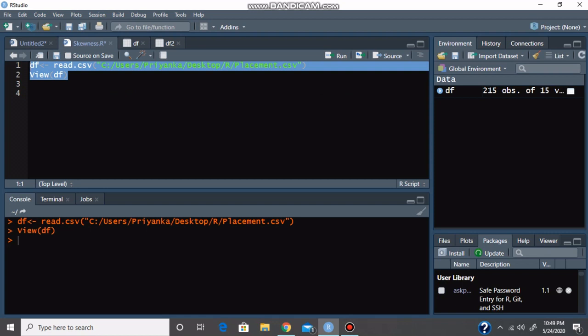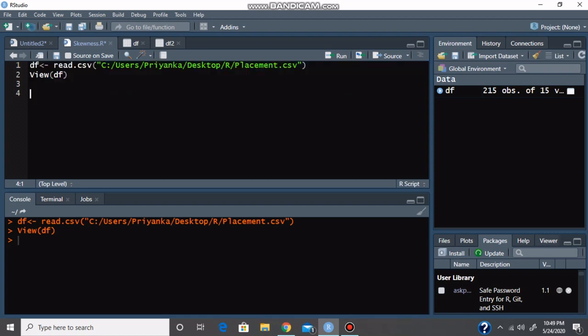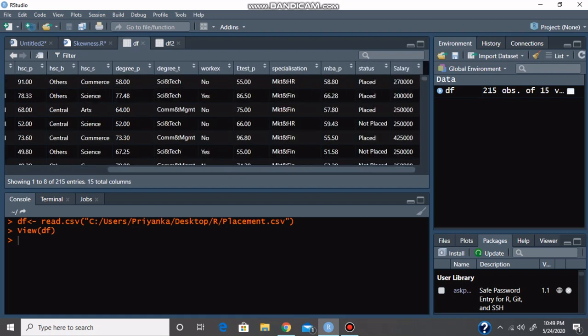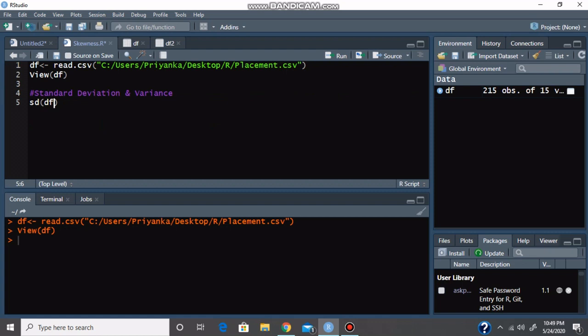Now coming back to our code, the first thing that we would be doing is the standard deviation and variance. To get the values of standard deviation and variance, we have the formula SD, and I want to apply it on the numerical variable income, but as you can see here there is no income, there is salary.